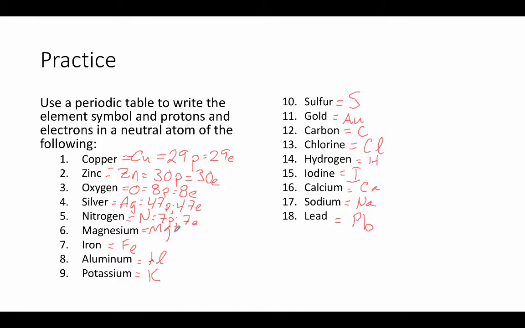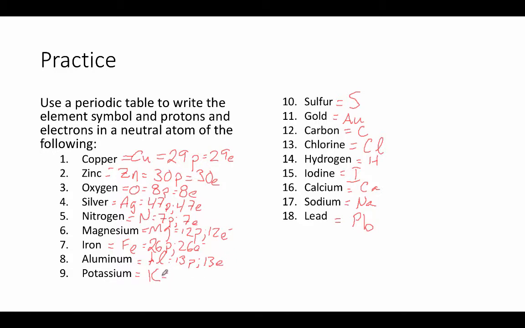Magnesium is element 12, so we have 12 protons and 12 electrons. Iron is element 26, so we have 26 protons and 26 electrons. Aluminum is element 13, so we have 13 protons and 13 electrons.